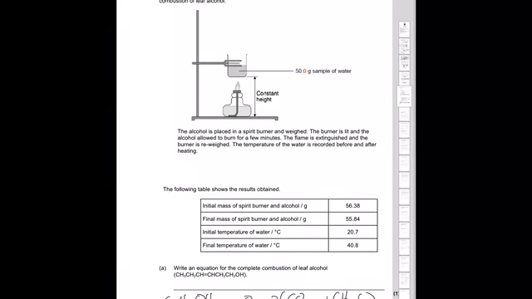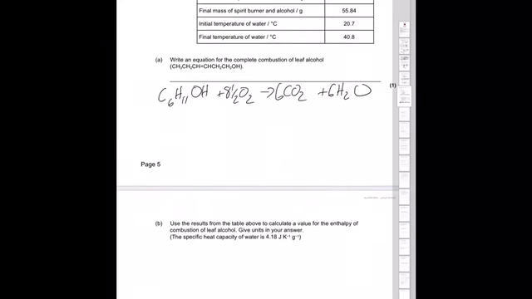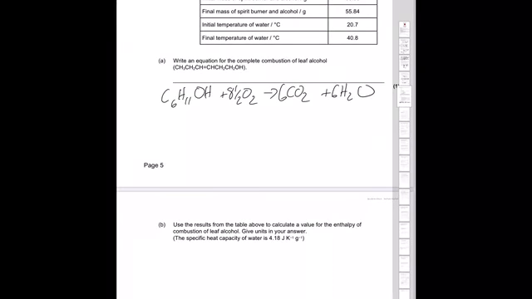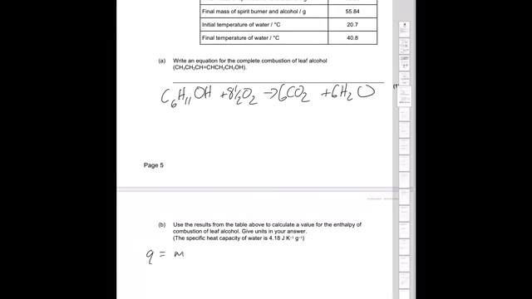So the first thing to do is to answer that question, which says the equation for the complete combustion of leaf alcohol. There's the equation for it. And then B says use the results from the table to calculate the value for the enthalpy of combustion.